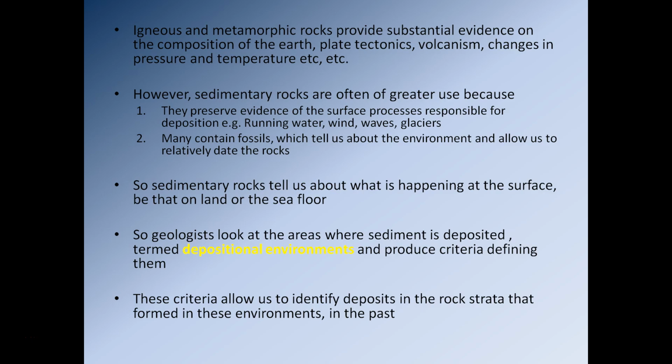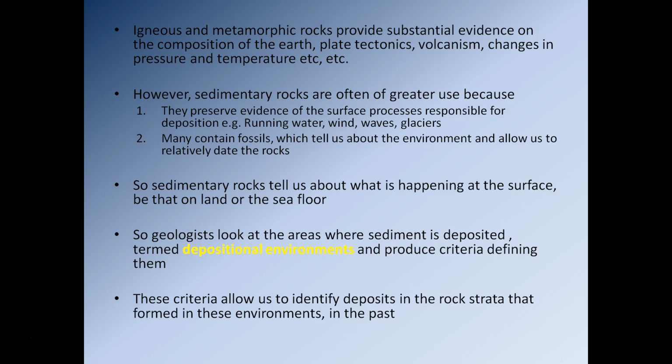Geologists look at areas where sediment is being deposited now, and we term these depositional environments. For each depositional environment, we produce a set of criteria that define them. We look at the types of clasts present in the sediments. Are they big clasts, small clasts? Are the clasts well-rounded, poorly rounded? Are they well-sorted, poorly sorted? Then we look at the structures that form.